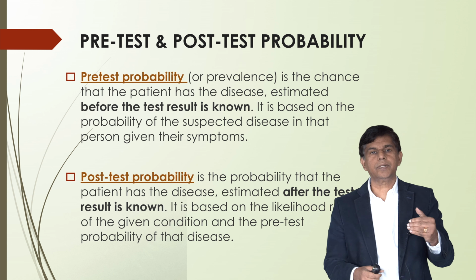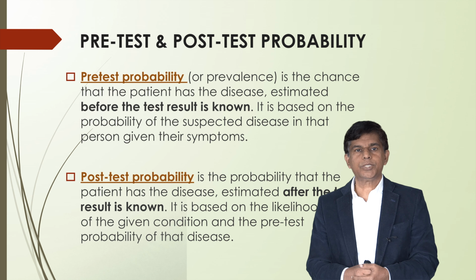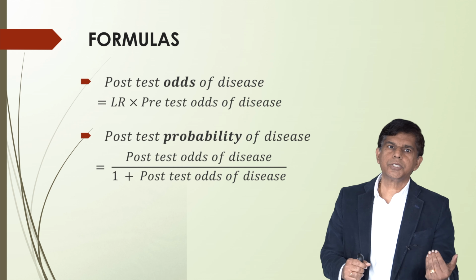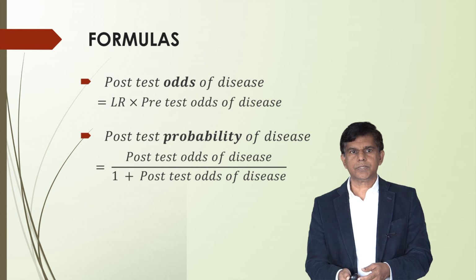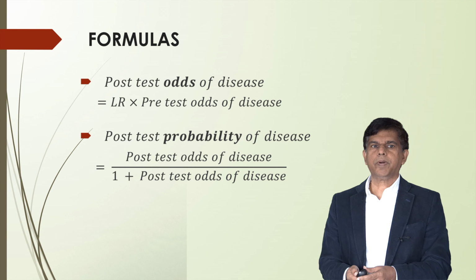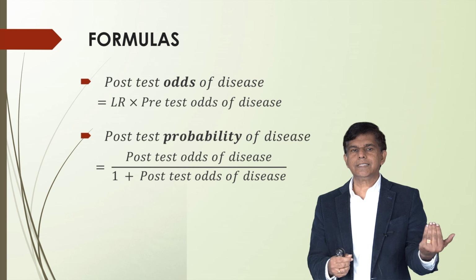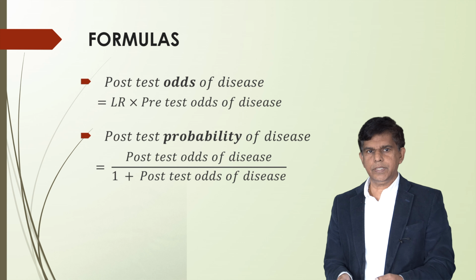In order to calculate the post-test probability, first we need to calculate the post-test odds of the disease. You take the likelihood ratio and multiply it by the pretest odds of the disease. Then the post-test probability of the disease equals the post-test odds divided by 1 plus the post-test odds.